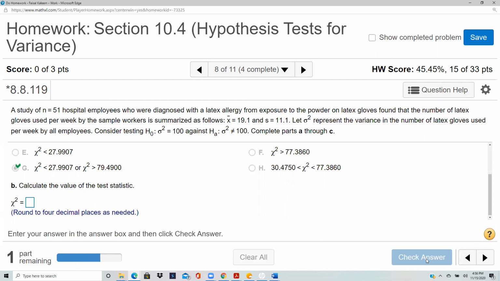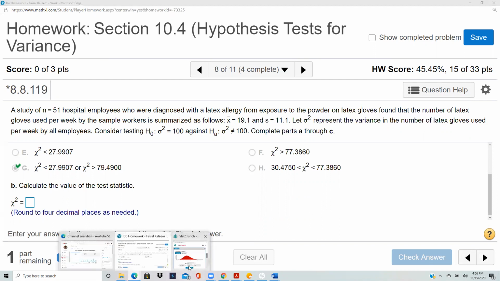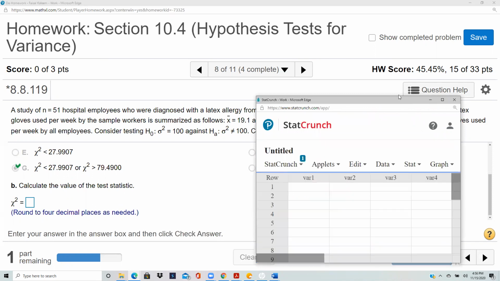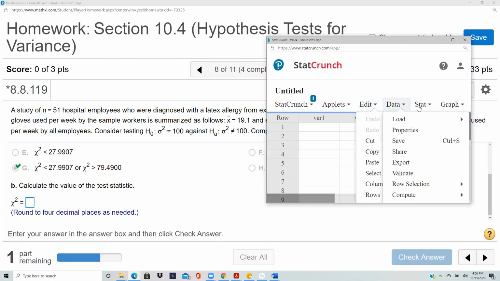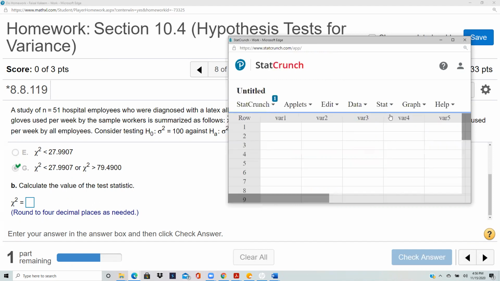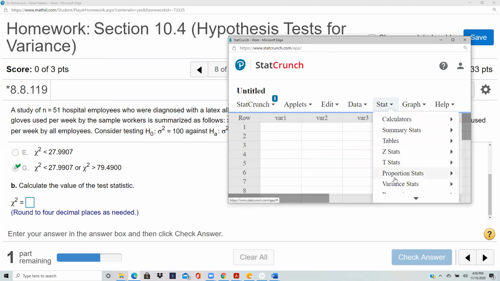And the test statistic will be done through the variance stats because the hypothesis test is about variances. So Stat, Variance Stats, One Sample, with Summary.